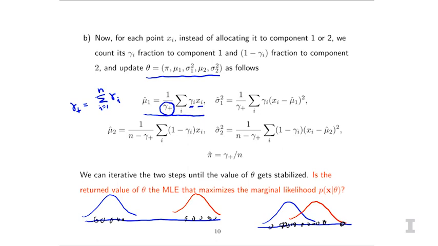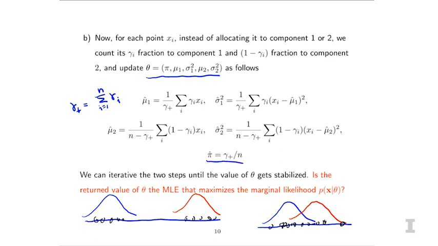And similarly, we can update our standard deviation this way by weighted average. And also, when we update the mean for the second component, again, we do weighted average, but now the weights are 1 minus gamma I, because that is the probability of xi being from the second component. And then similarly for our pi, it would be gamma plus divided by n.